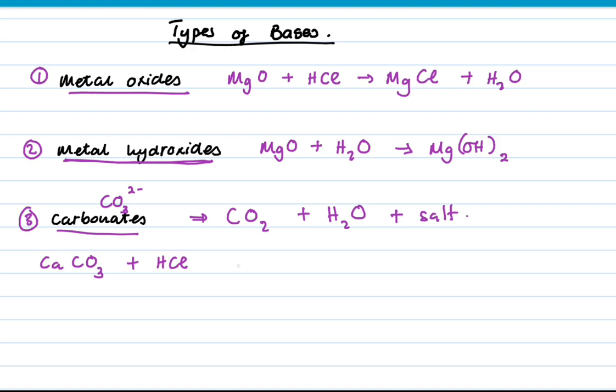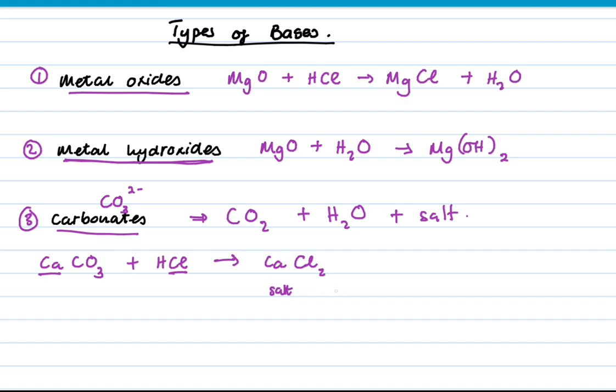HCl acid. What it would do is that calcium reacts with the chlorine part of that formula to form calcium chloride, because calcium is in group number 2. After I form this, it is what we call a salt.